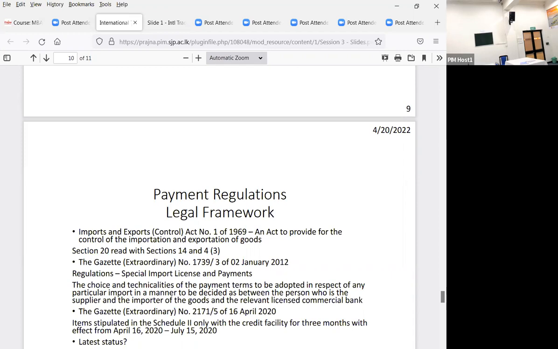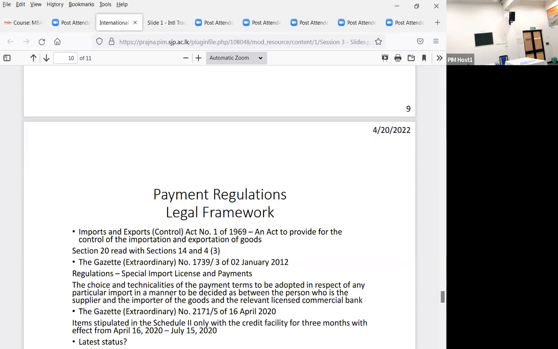Then advance payment means you pay in advance. Say, for example, if you have ordered machinery specifically for yourself, the shipper will say, well, please give me 40% advance because I have to make the machinery for you. So I have to buy the material and so on.